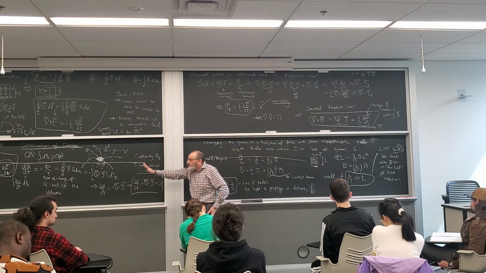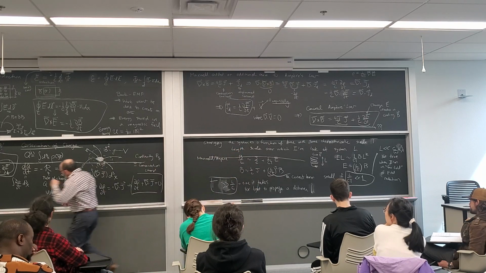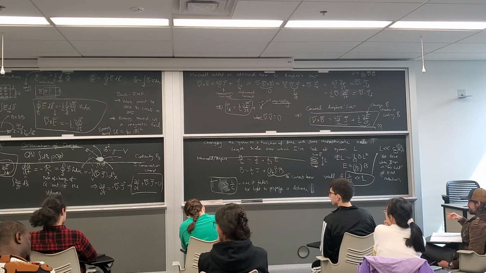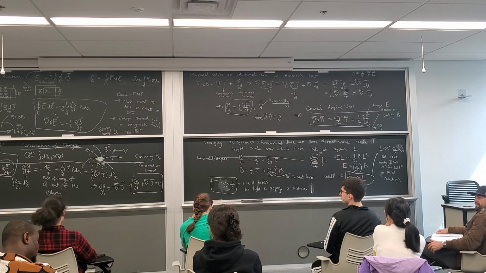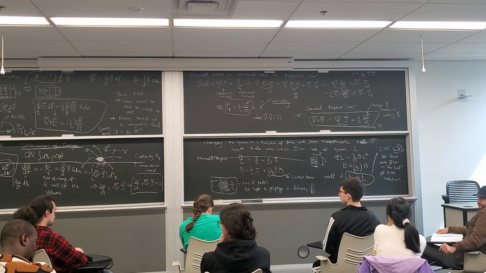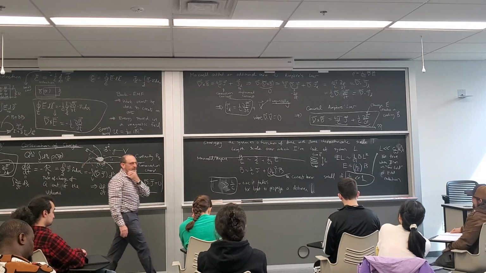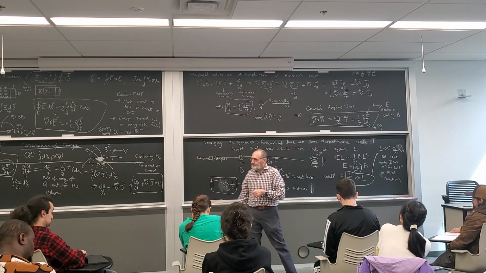But if I'm in the far field, then it takes time for the information to get to me, and it's no longer quasi-static, and I need to think about dynamics. Okay. You had a question?